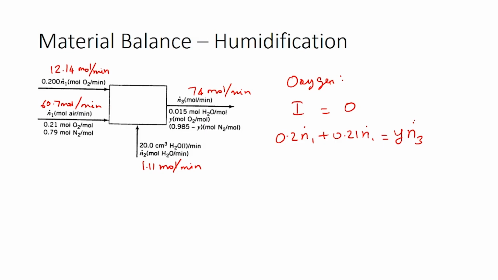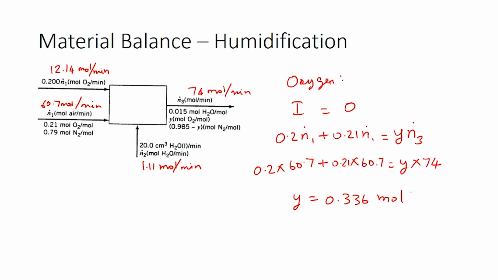We already know the values for N1 dot and N3 dot. Substituting those values there, we can write it as 0.2 times 60.7 plus 0.21 times 60.7 is equal to Y times 74. So, solving this equation, we can calculate Y as 0.336 moles of oxygen per mole.